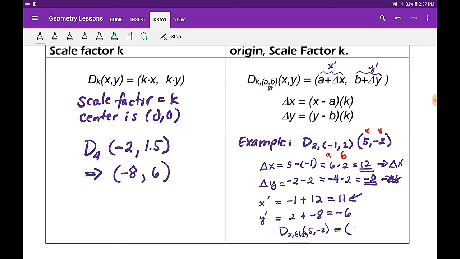That's our X prime, 11 comma, Y is negative 6. That's our answer.